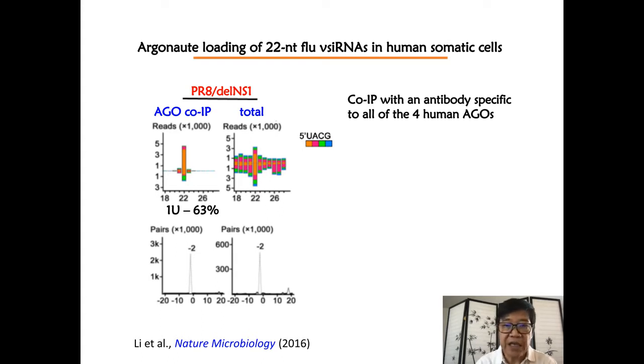As you can see, these complexes contain mainly 21 to 23 nucleotide viral siRNA and are highly enriched for 1U 22 nucleotide species.